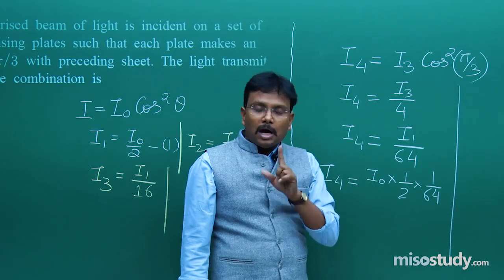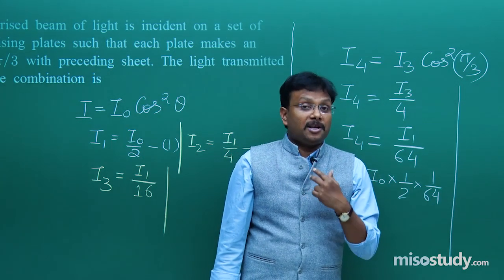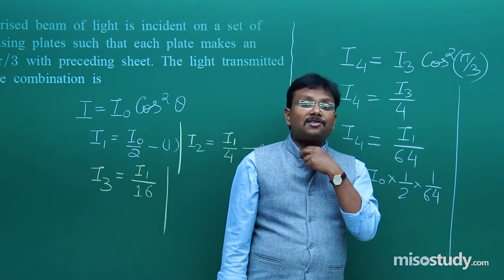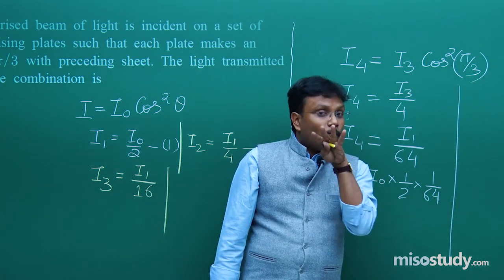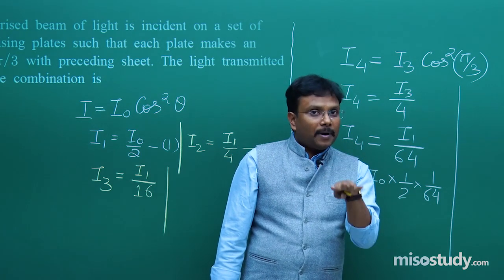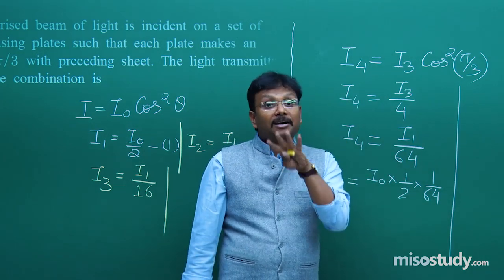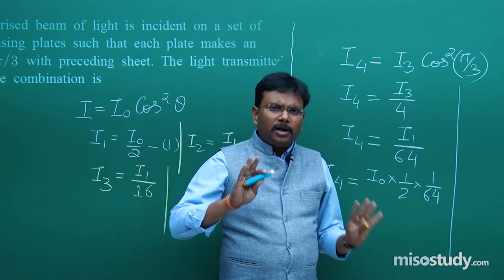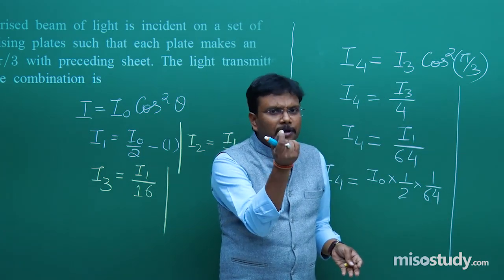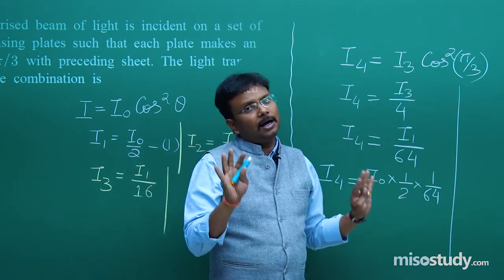Now, students, on the basis of my own experience, I would like to share a fact. These simple questions, if you are not attempting with a cool mind properly, you are bound to get incorrect answers. Fine. So these are very simple questions. Do not rush. Give at least 40 to 50 seconds and get the correct answers.